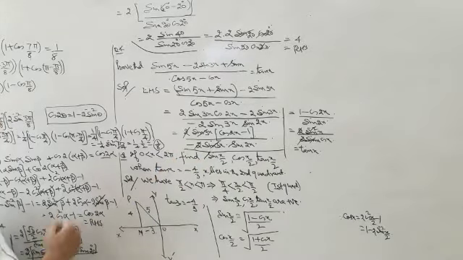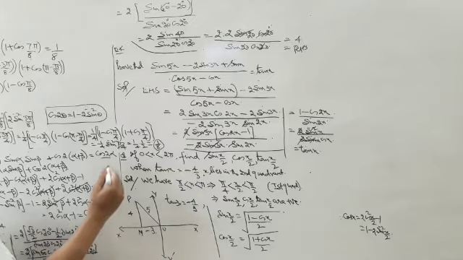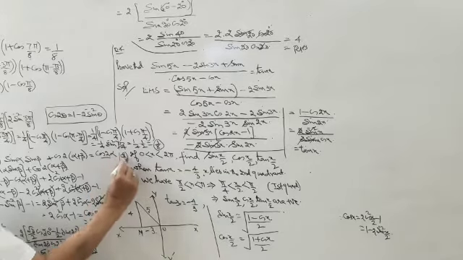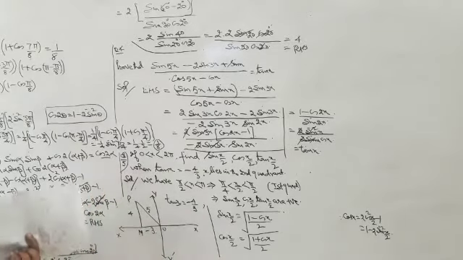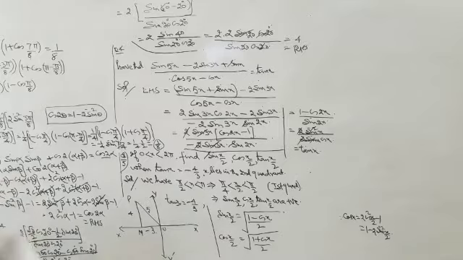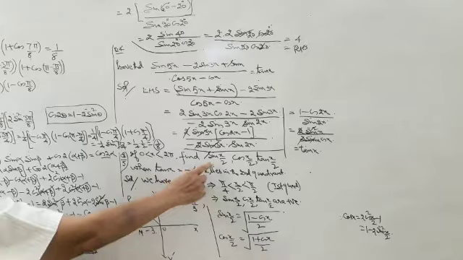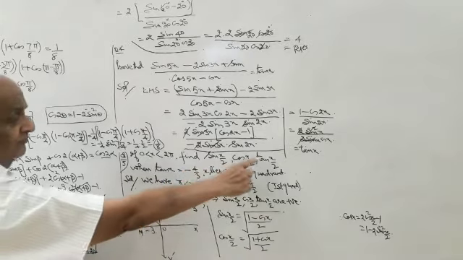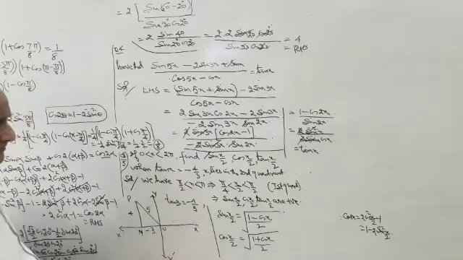Now the next question, question number 5 is there, a very important case, but a bit harder case. The question is, note it first, 0 less than x less than 2 pi. Find the value of sin x by 2, cos x by 2, tangent x by 2. Note down this.